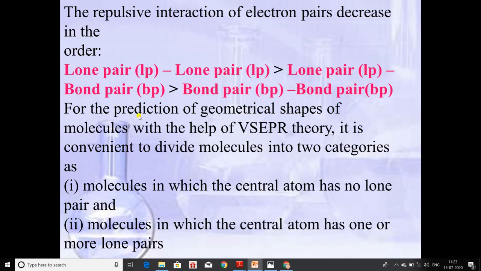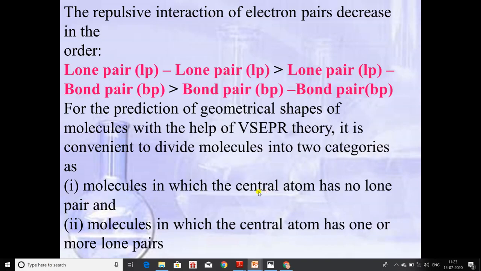Now for the prediction of geometrical shapes of molecules with the help of VSEPR theory, it is convenient to divide molecules into two categories: molecules in which the central atom has no lone pair, and molecules in which the central atom has one or more lone pairs. Here we will study their shape and geometry.